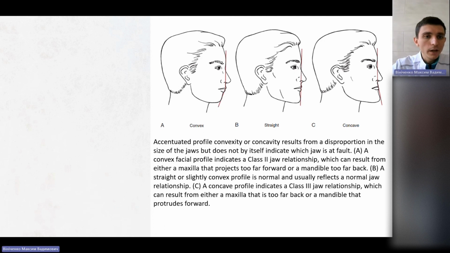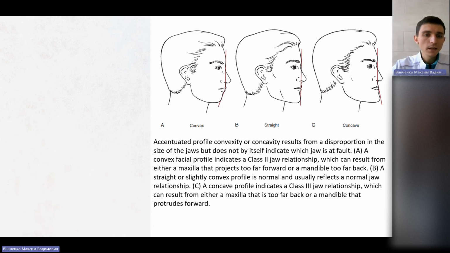So accentuated profile convexity or concavity results from a disproportion in the size of the jaws, but does not by itself indicate which jaw is at fault. A convex facial profile indicates a class 2 jaw relationship, which can result from either a maxilla that projects too far forward or a mandible too far back.